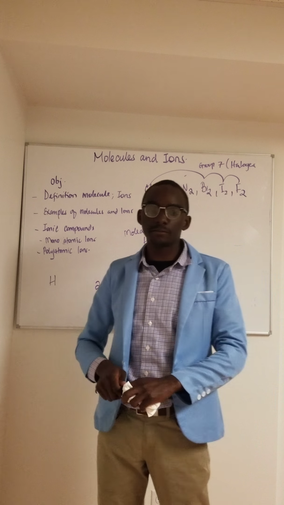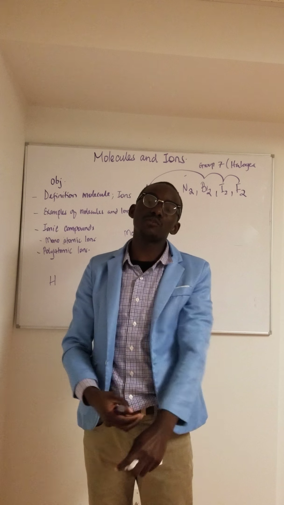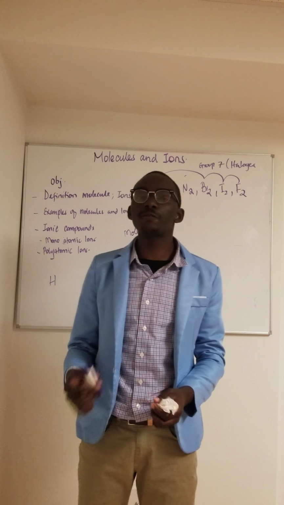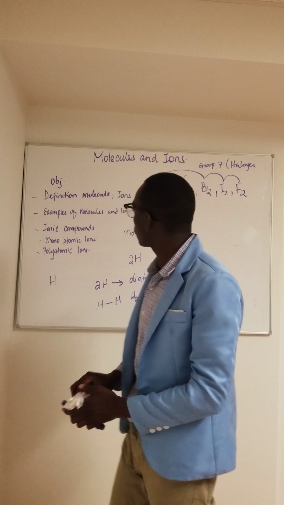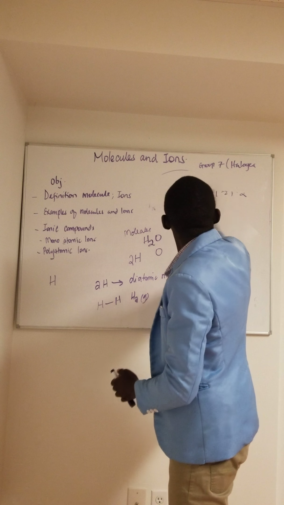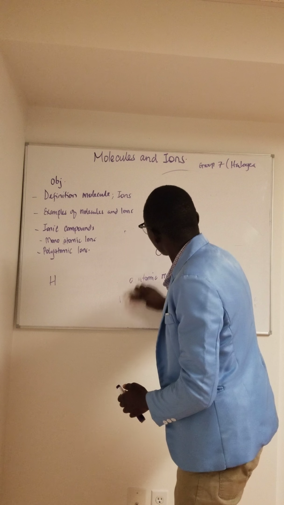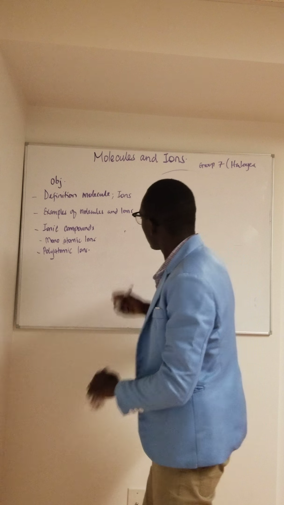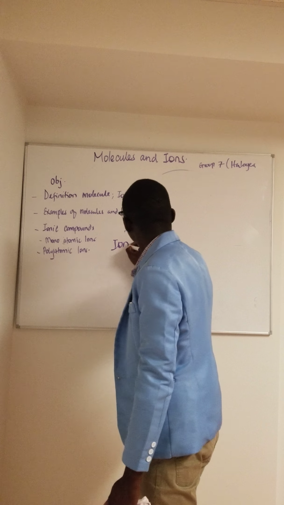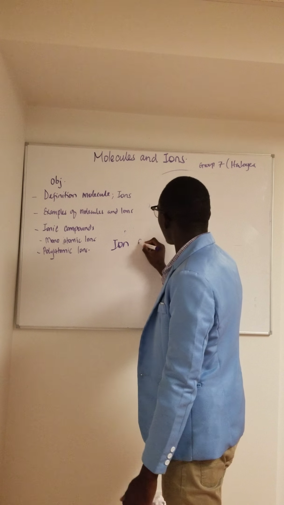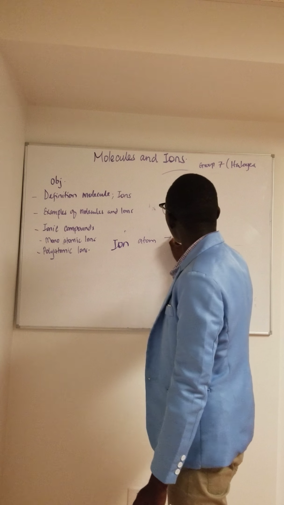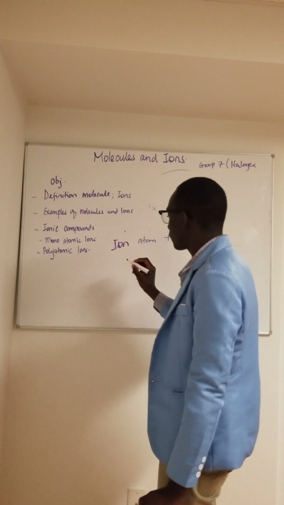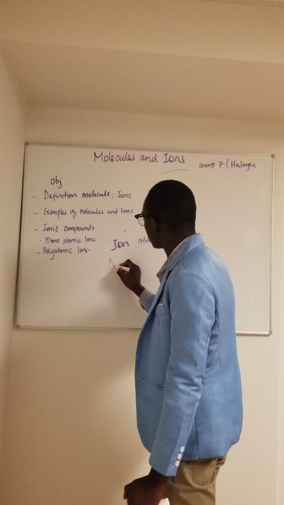So to go on to an ion. An ion is basically a group of atoms or an atom with a net charge of either positive or negative. For example, let us look at sodium.